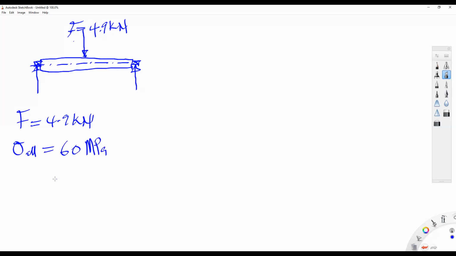And this member is having a length of, what's the length? 100 millimeters. Is it 100? Yes. Okay, 100 millimeters, that's good. All right, so the length is 100 millimeters.